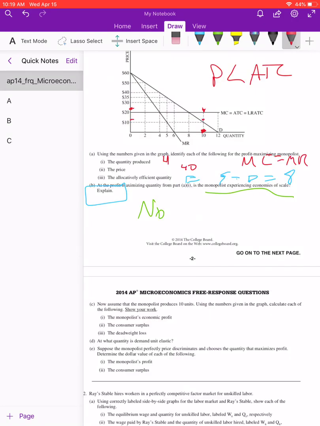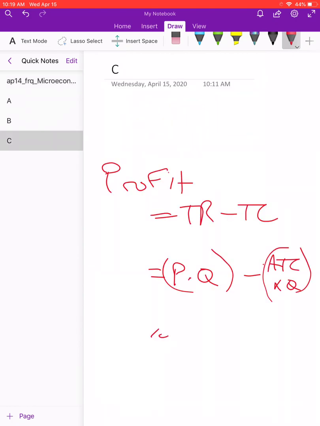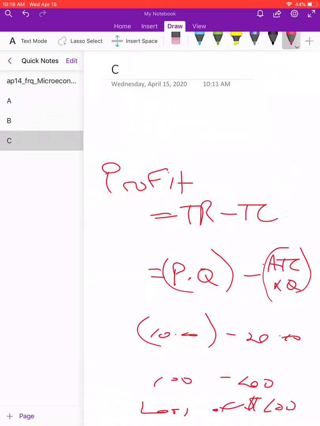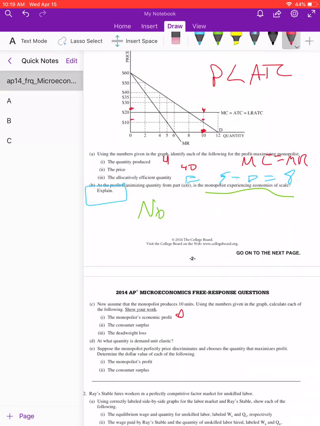So our price is 10 and our quantity is 10, and then our cost is 20. So the price of 10 and the quantity of 10 minus the cost of 20 times 10, so that's 100 minus 200. That means we've got a loss of $100. So your answer for this question right there is negative 100.